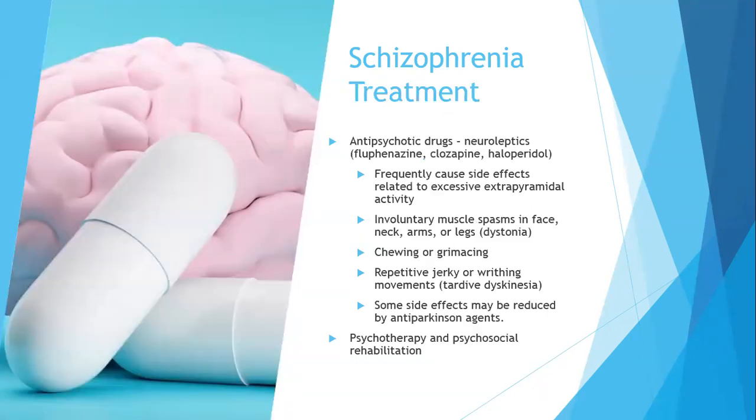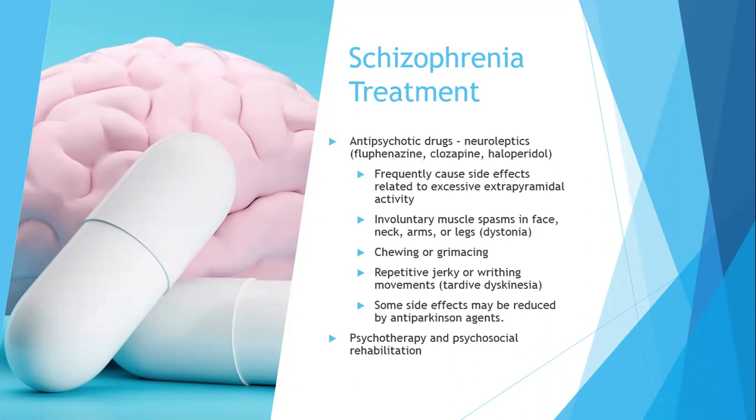It's usually treated with antipsychotic drugs, neuroleptics. The antipsychotic drugs, unfortunately, frequently cause side effects that are related to excessive extrapyramidal activity. Those can cause Parkinson's-like symptoms as well. People who have extrapyramidal strokes can have those type of symptoms too.